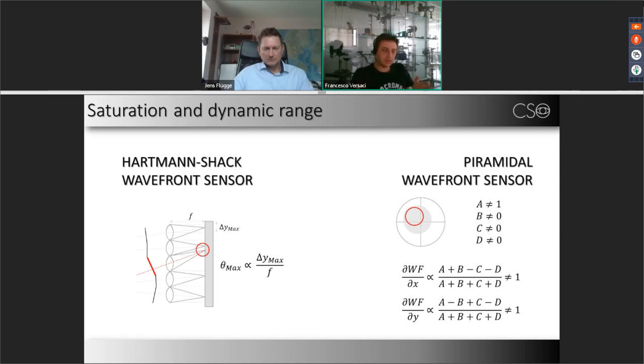So dramatically, the dynamic range has an inverse proportion with the resolution of the device. So I cannot achieve the two at the same time.